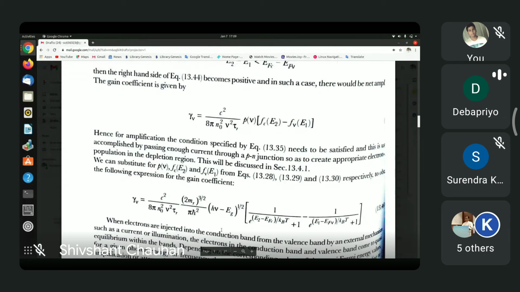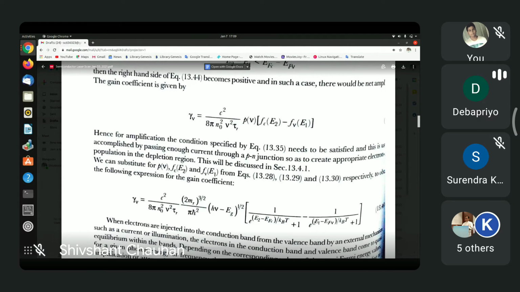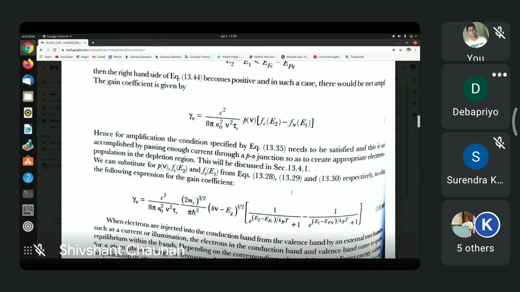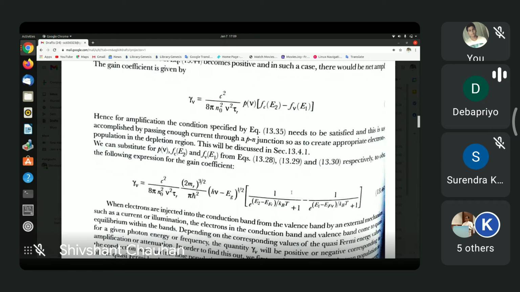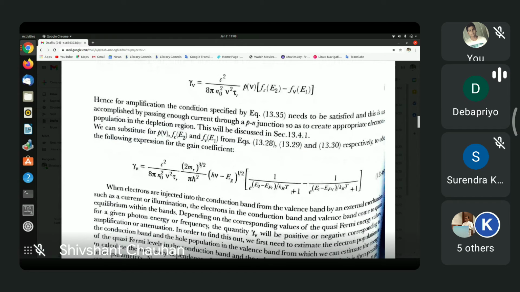That is P nu, the joint density of states. And the difference within the brackets is the same as this quantity. As you can easily see, if you write down the whole expression, that is, instead of Fc(E2), what was previously Fc into 1 minus Fv, etc., you will find that this is the expression. So you have this expression for the gain.